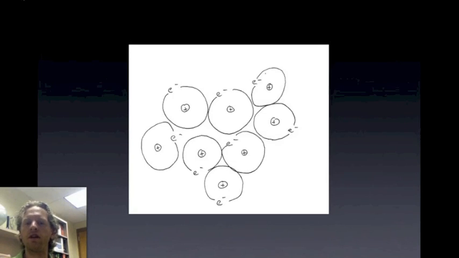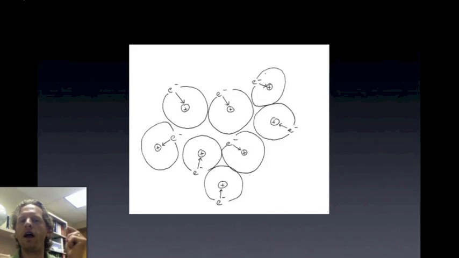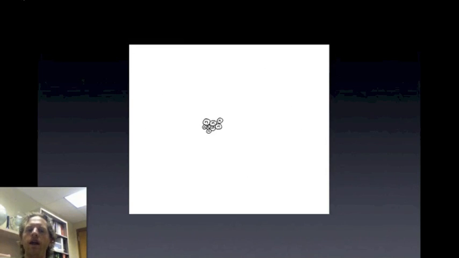And what happens is the individual electrons get smushed into the nucleus, and they hit the protons and fuse together. You take an electron, you take a proton, smush them together, you get out a neutron. And that's what happens here.